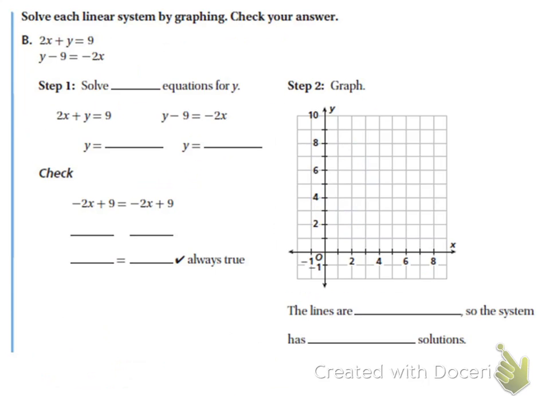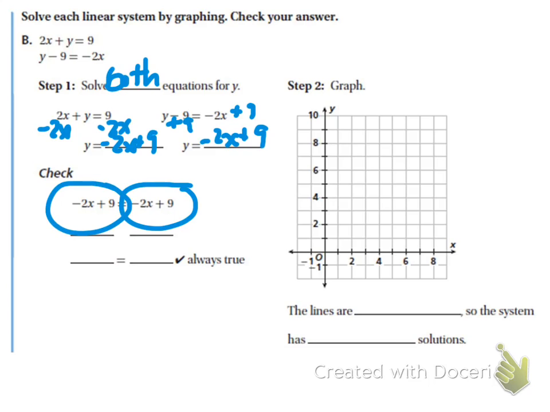Letter B. So we're going to solve both equations for y again. So this one, I have to move my 2x over to the other side, so I subtract. So now I have negative 2x. Now I have to move my 9 over to the other side, so plus 9, plus 9. So now I have negative 2x plus 9. Hey, wait a minute.